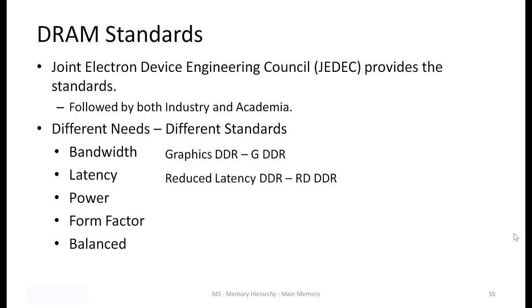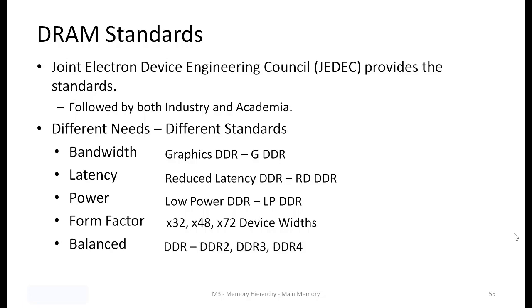For latency optimized, we have RLDDR, reduced latency DDR. For power optimized, we have LPDDR. For form factor optimized, we have devices with high device width. This would be critical for our mobile applications, and the balanced version of all these is the regular DDR which we use in our desktops and servers, and so on.